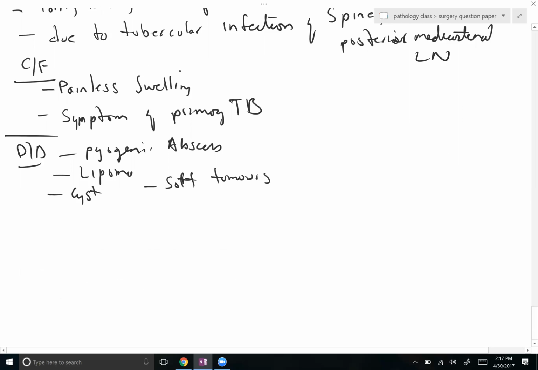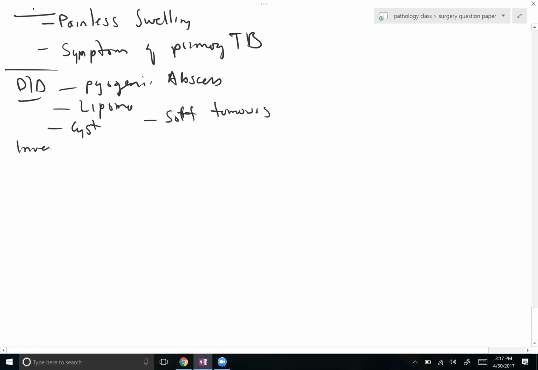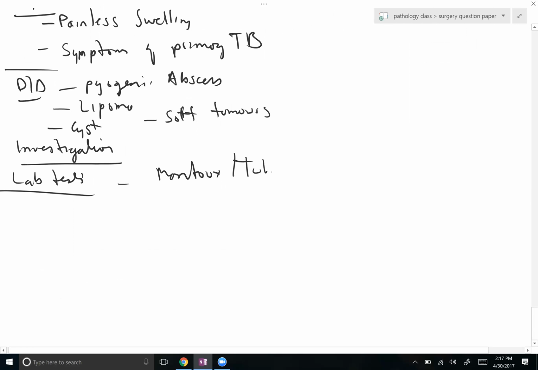Now next is investigations. First and foremost are lab tests: the Mantoux test, or we call it the tuberculin skin test.